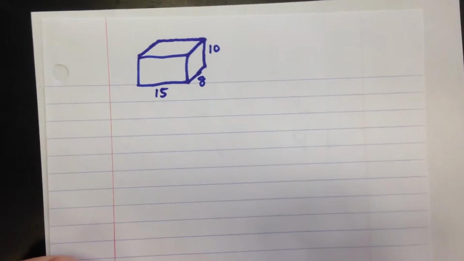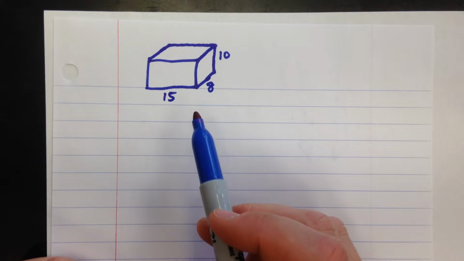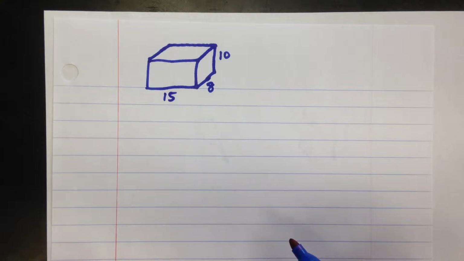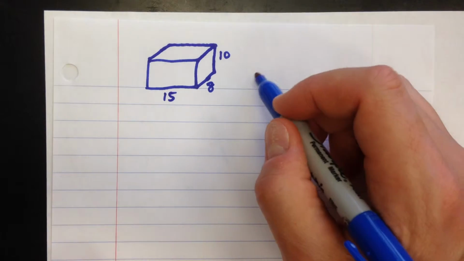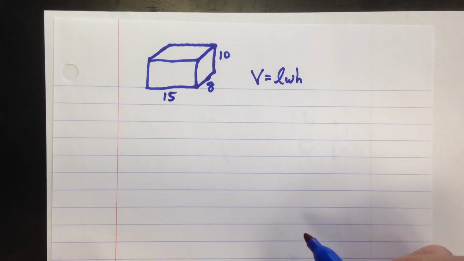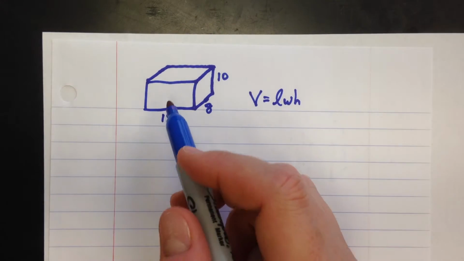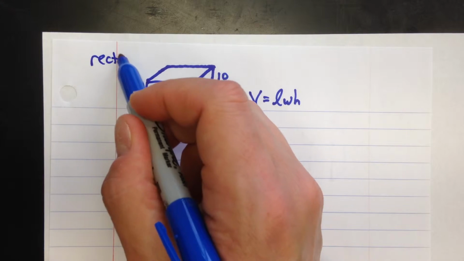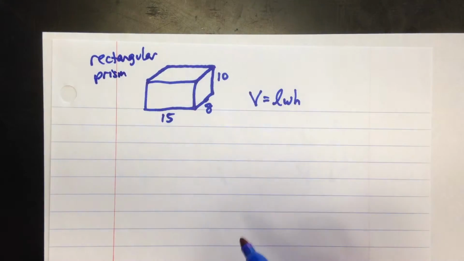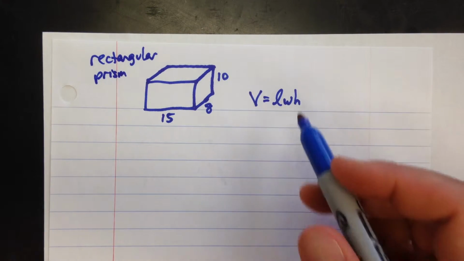For a rectangular prism, you can use the same formulas for lateral area, surface area, and for volume. But for example, for volume, there's another formula which you're probably familiar with. It's length times width times height. When you have a rectangular prism, we've got volume is length times width times height.